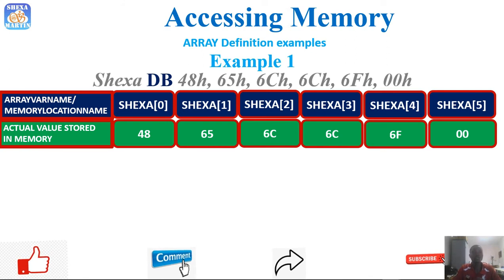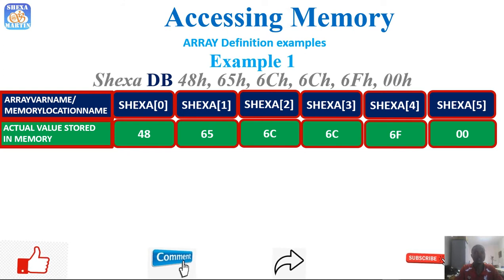Whether you declare a character, a string, or a decimal value, the moment you initialize it, it is converted to a hexadecimal value. Here we have already declared Shexa and initialized it to these bytes. Each value is 1 byte. So we have 1 byte, 1 byte, 1 byte, 1 byte, 1 byte.